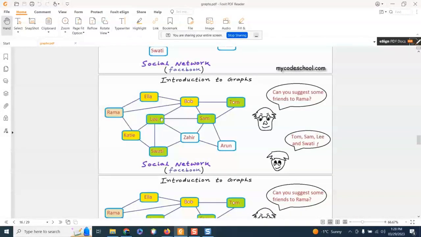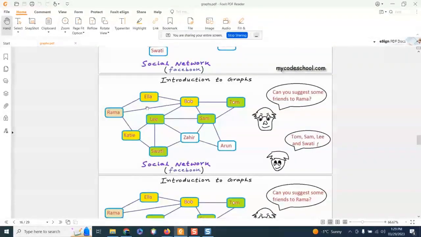So three suggestions can come out through Bob: Tom, Sam, and Lee. With Ela, we could not suggest any further friends because Ela has only one friend, Bob, who is already a friend of Rama. The last part, if I take one connection with Katie and the second connection is Lee, on the shortest path of two, Lee can be suggested as a friend.